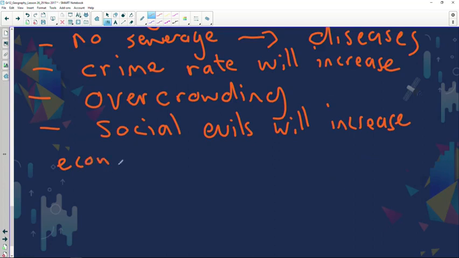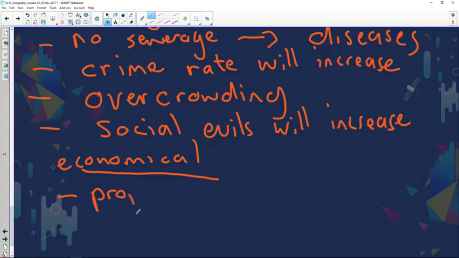If you look at our last environmental effect, it can affect the economy. If an informal settlement starts to develop, there will be a negative impact on the surrounding areas, because the property close to these informal settlements will lose its property value because of the conditions that we've just mentioned.